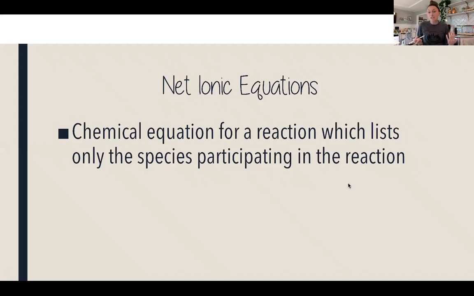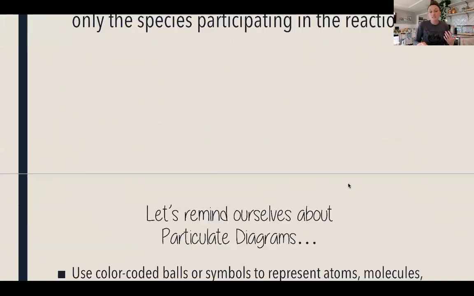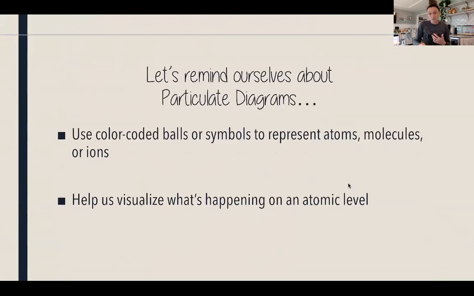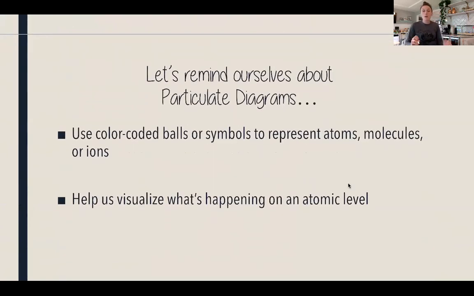What I would like to do today is take this idea and revisit particulate diagrams. If you remember, we had an extra day thrown in way back when, and we took that time and we looked at particulate diagrams. These, again, are going to be something that you're going to see a lot on the AP exam next year.